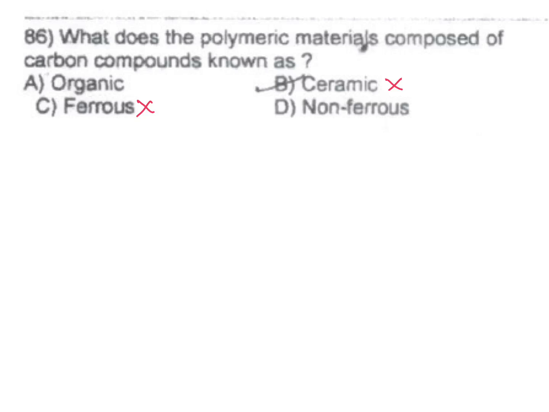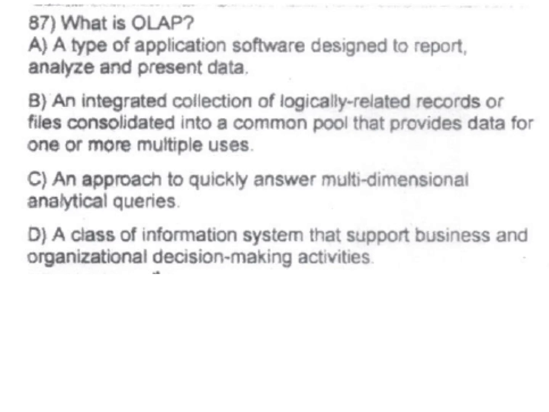What is OLAP? OLAP is online analytic processing. Option A, a type of application software designed to report, analyze and present data. B, an integrated collection of logically related records or files consolidated into a common pool that provides data for one or multiple uses.